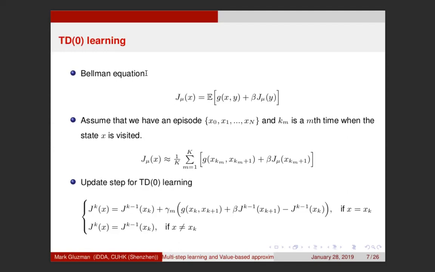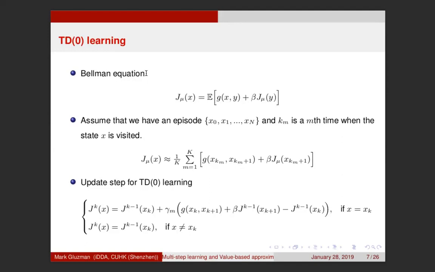If the initial guess of the value function, G0, is bad, so it's far from the true G mu function, then it can take a lot of effort to get a good estimation, because as you can see, we have the previous estimation of the value function in two terms.